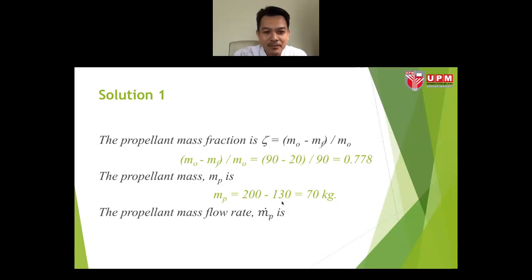So the propellant mass flow rate, the M dot, is what? What is the equation for M dot? Mass over time. And what is the value? 70 over 3, you will get 23.33.